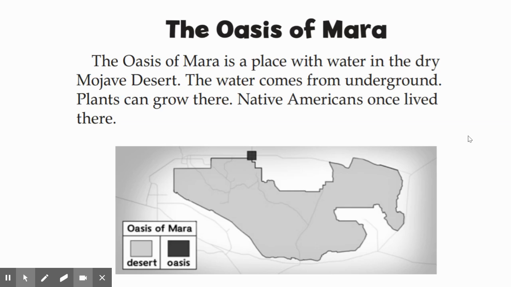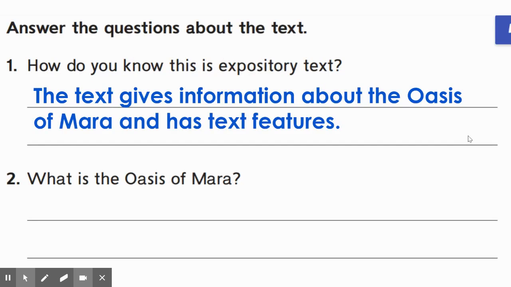So when I go to write my answer, I know that this is expository text because there is real information and facts about the Oasis of Mara, and it has text features. So that is what I have written down for number 1.